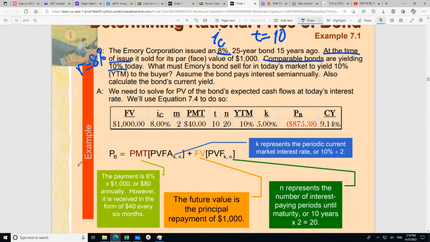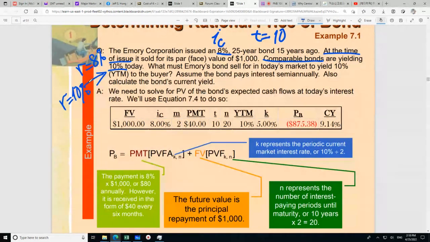So what does that mean? Comparable bonds are yielding 10% today. That means the discount rate is 10% now. Okay?